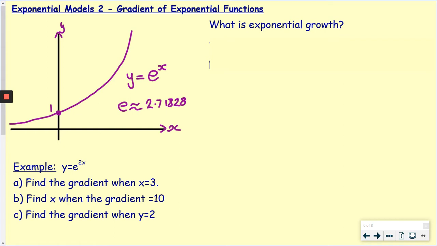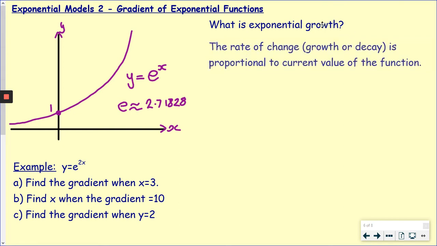So what is exponential growth? One way of defining it is growth where the rate of change, in this case growth or decay, is proportional to the current value of the function. There are lots of different examples of this in the real world.